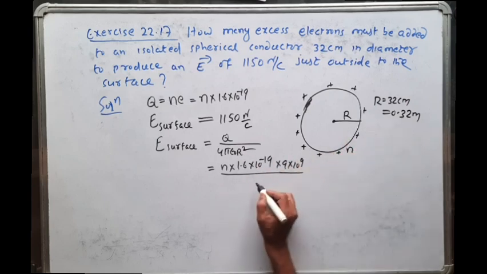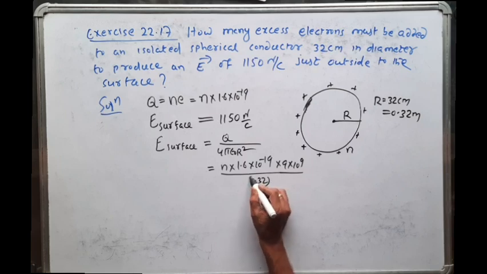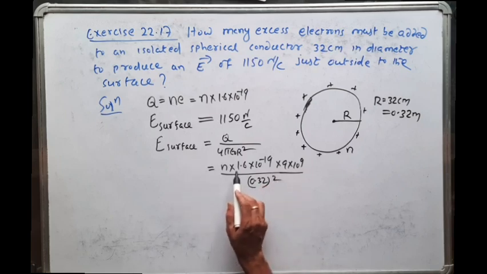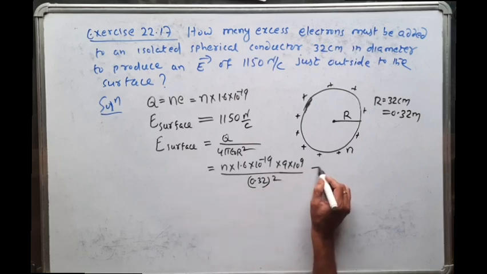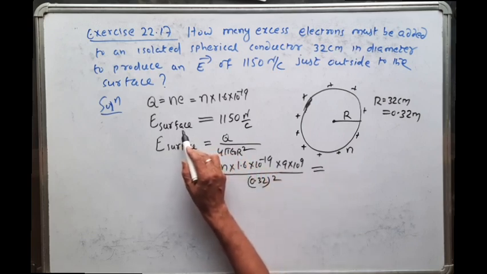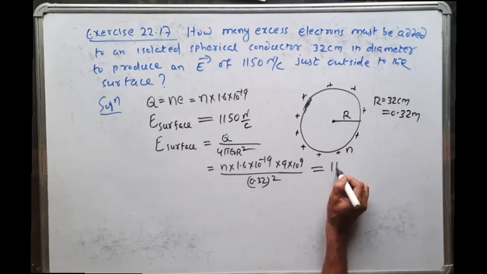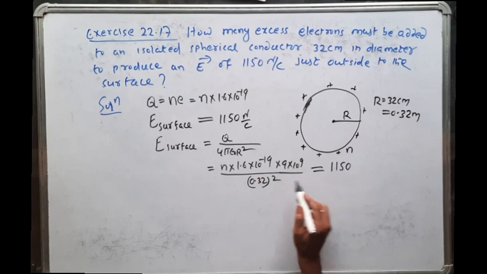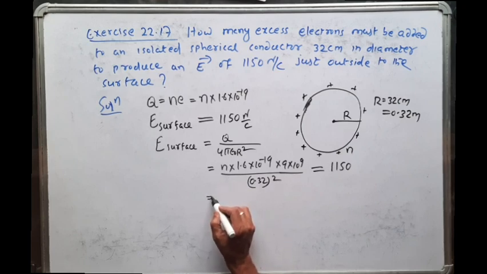R is 0.32 square. So this is the electric field intensity on the surface. But as per the question, the electric field intensity just outside the surface is given as 1150. Everything is in SI units, so we will find the value of N.